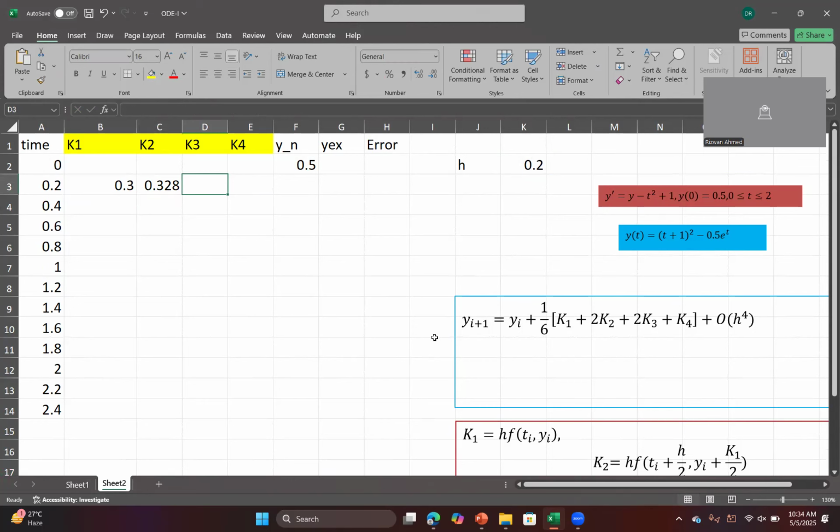Now we have to repeat similar steps for the K3 calculation.